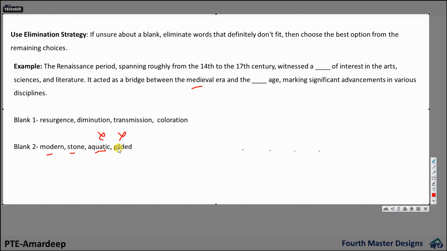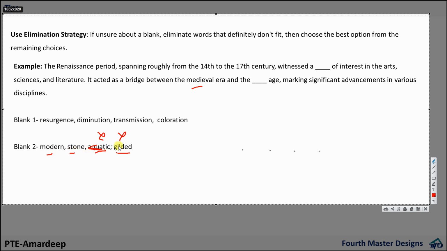Because gilded also refers to a time period. Gilded is generally referred to as the late 19th century American time period. Now, let's say you do not know the meaning and you are not sure whether this word is appropriate or not. We can eliminate the word aquatic. This is totally related to water, so this is gone.